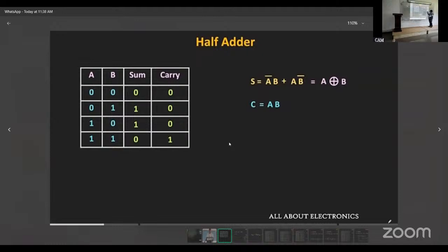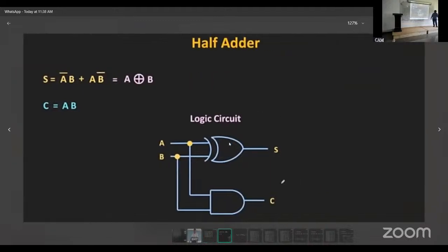You take A, you take B. AB means AND gate. Carry. So this is the circuit. This is the half adder circuit. Whatever we implemented, this is the half adder circuit.